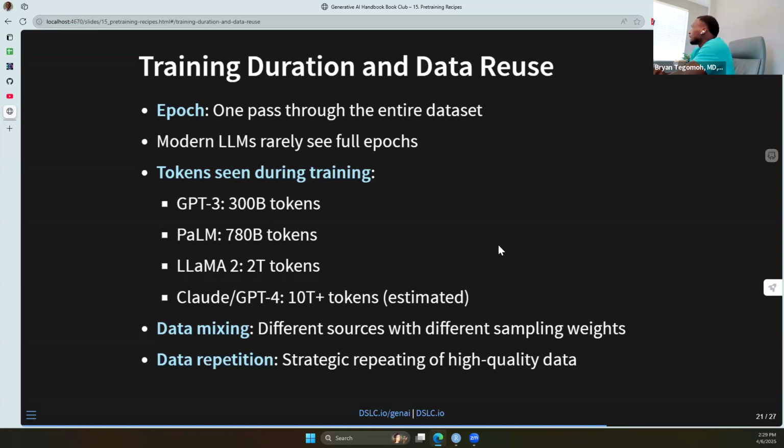Like I said, you want strategic reuse of high quality data to improve the performance of the models. Most of the companies are using huge amounts of training compute to train their data, and data comes from different sources.